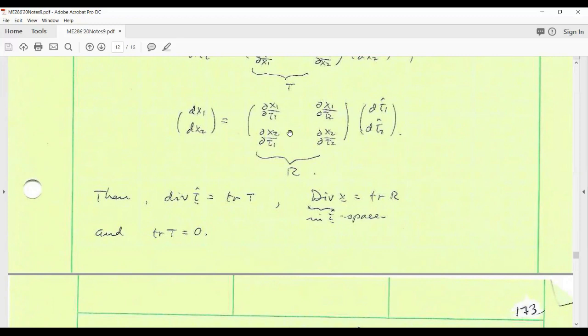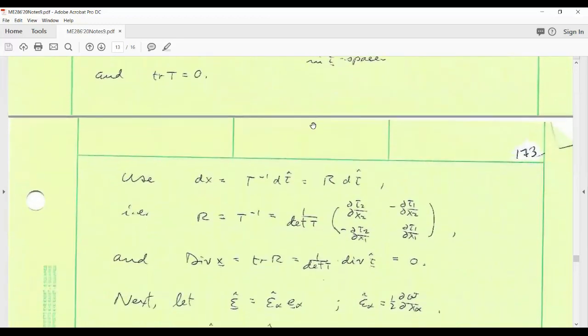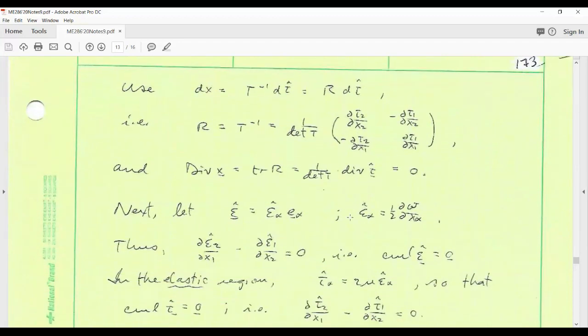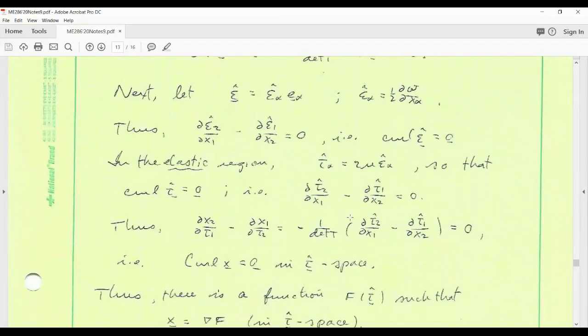It's this minus this, the difference of the off-diagonal components. But according to this inverse, we can relate that to the difference of these off-diagonal components with a 1 over det p in front. So we get this expression. We've just gotten through showing that this parenthesis is 0. So indeed, the curl of position in stress space is also 0.